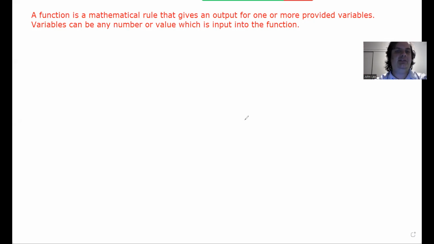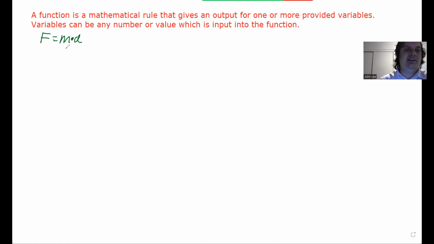So a function is any mathematical rule that gives you an output for one or more provided variables, and variables can be any number or value which is input into the function. So for example, we have this function that is Newton's second law, that force is equal to mass times acceleration.